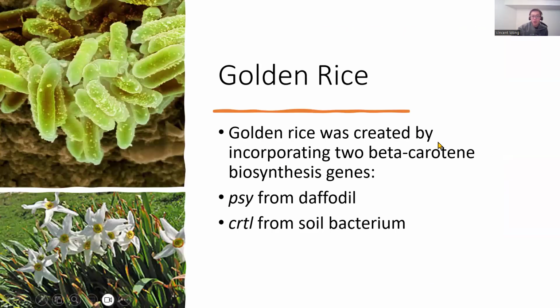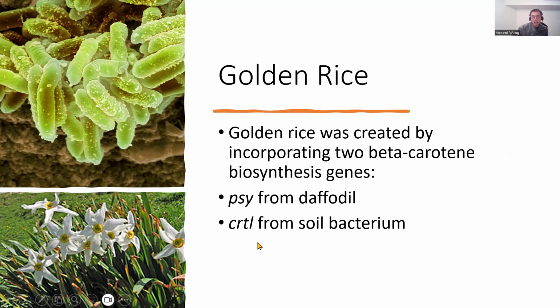So golden rice was created by incorporating two genes that are related to the creation of beta carotene. There's a gene called PSY from daffodil. That's the plant right here. You might have seen daffodils, just in parks. And then there is a soil bacterium that has another gene called CRTL.